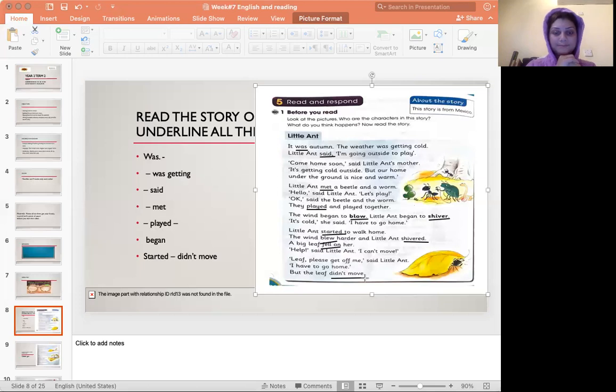So let's look at these verbs here. Was. It is the past of is. Was getting. Yes, this is a past continuous. In the present, it's supposed to be is getting. Said. Yes, in the present is say. Meet. Met. The present is meet.